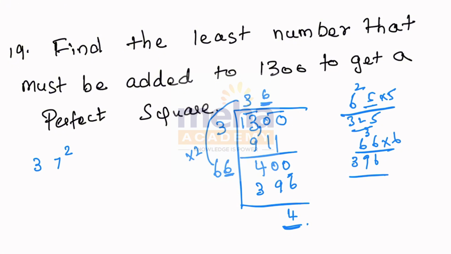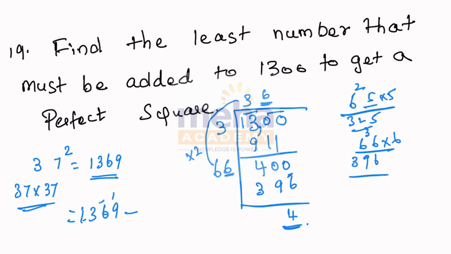So what is 37 square? If you multiply 37 into 37, or use the logic of 30 plus 7 the whole square, we get 1369. So for 1300 to become a perfect square, the least number which should be added is, when we subtract these two perfect squares, 37 square minus 36 square, we get the least number to be added, which is 69.